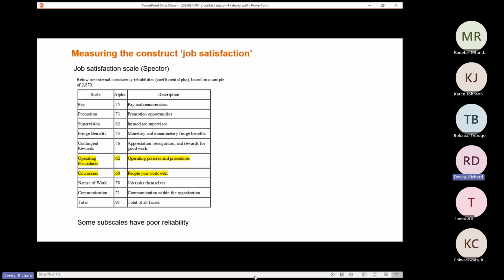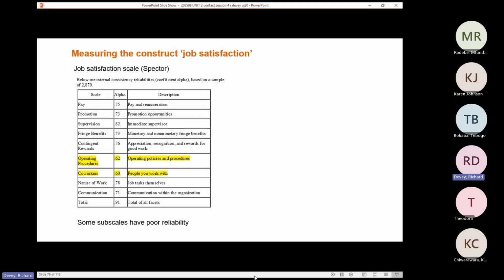So if you see that kind of information, you'd ask the question, is this a good measurement of job satisfaction to use? Some of the components, like supervision, look quite good, 0.82, but the operating procedures and co-workers don't look like that good measures.